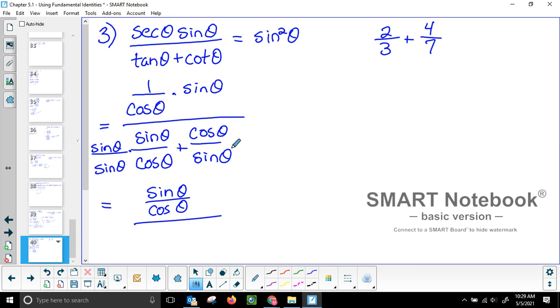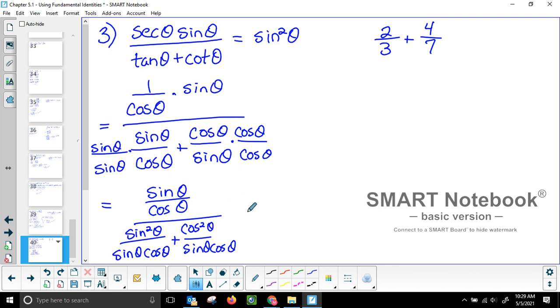Similarly here, I need my denominator to again be sine theta times cosine theta, so I multiply this denominator by cosine theta, which means I also do the same thing to the numerator. So this piece is going to be sine squared theta over sine theta cosine theta, and this second piece will be cosine squared theta over sine theta cosine theta.